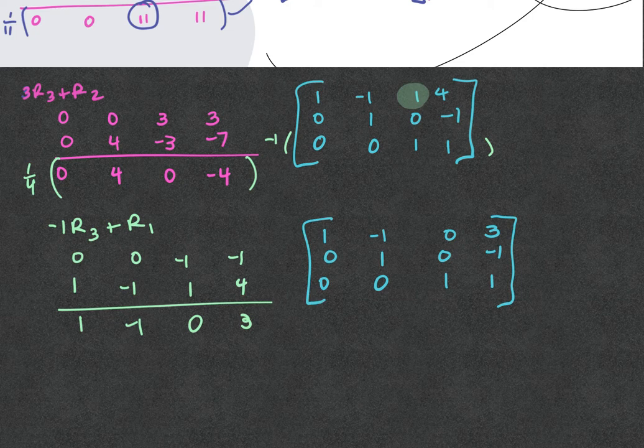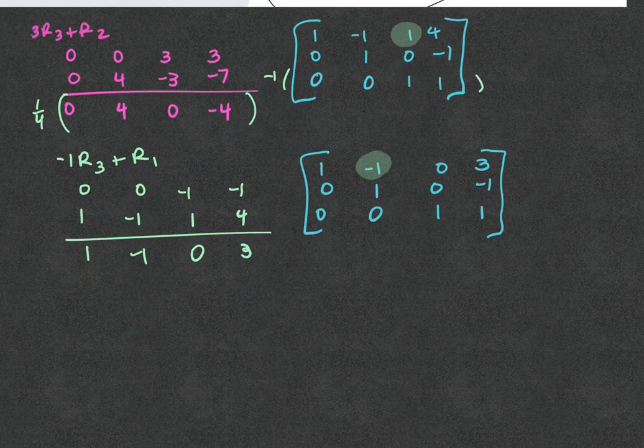And my last 0 has to go there, which means I have to use what 2 rows? Good. Row 1 and row 2, otherwise there's nothing to cancel with. So I can just add those two.